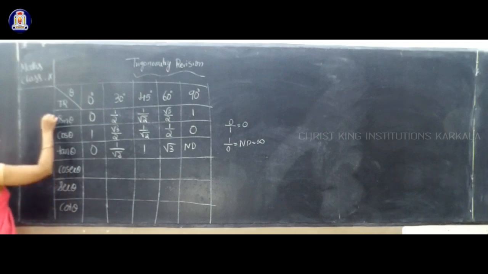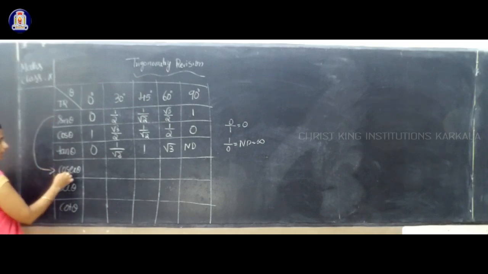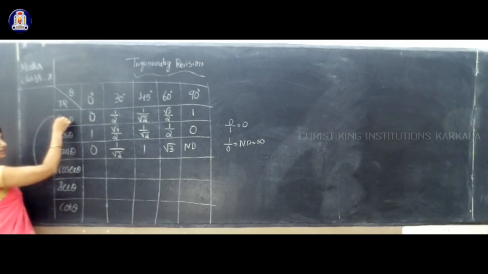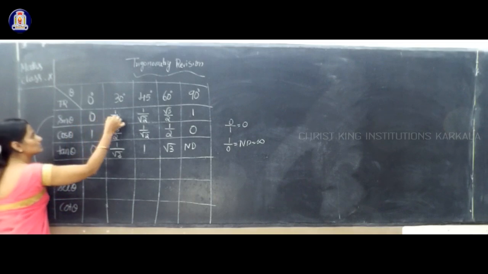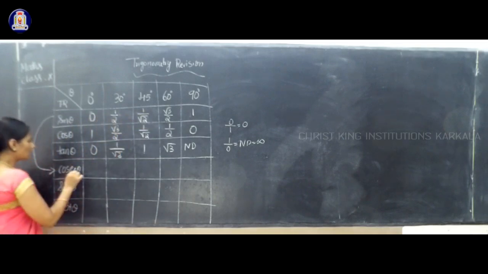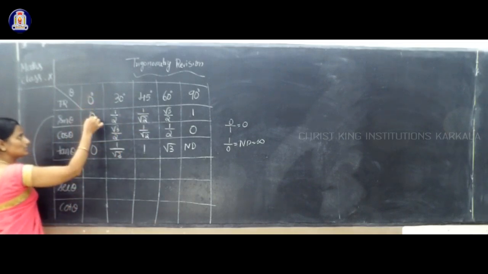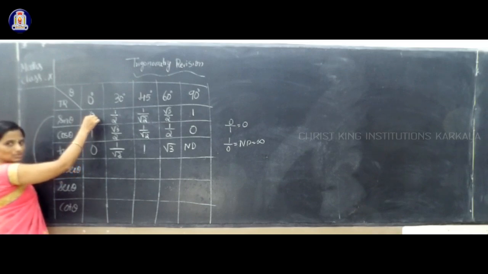Now how to get the cosecant and secant values? Cosecant is the reciprocal of sin. So whatever the value of sin, we take 1 by that value. Okay? Now cosecant 0. What is sin 0? Sin 0 is 0.